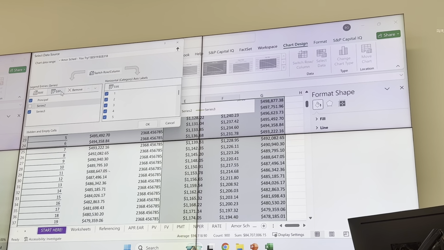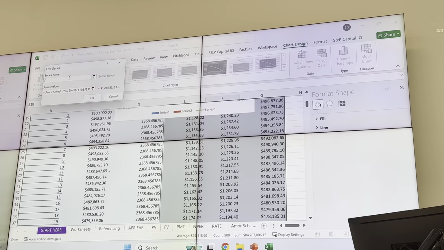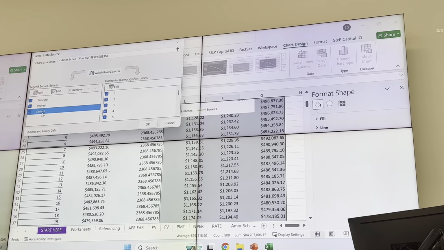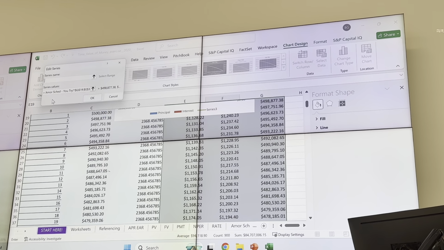The second one you edit. This is your interest. Okay, and your last one, edit. It is your ending balance. Okay.